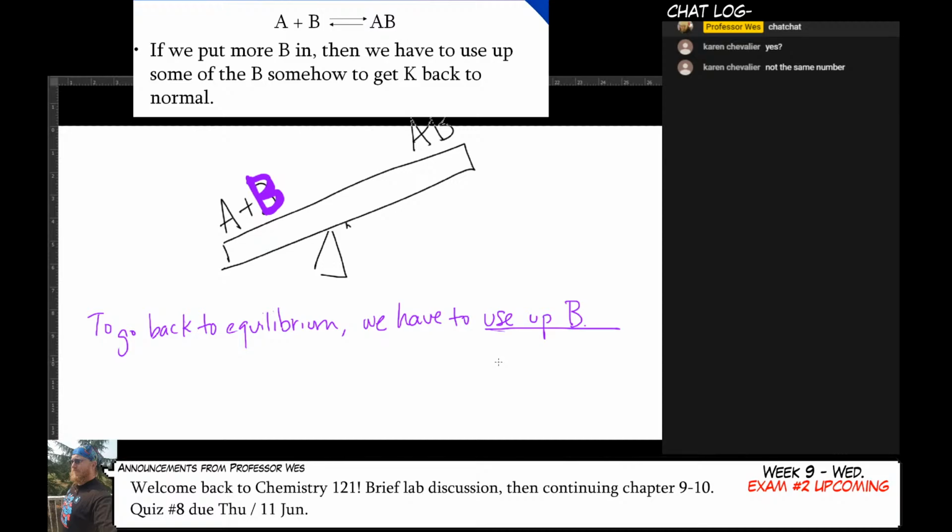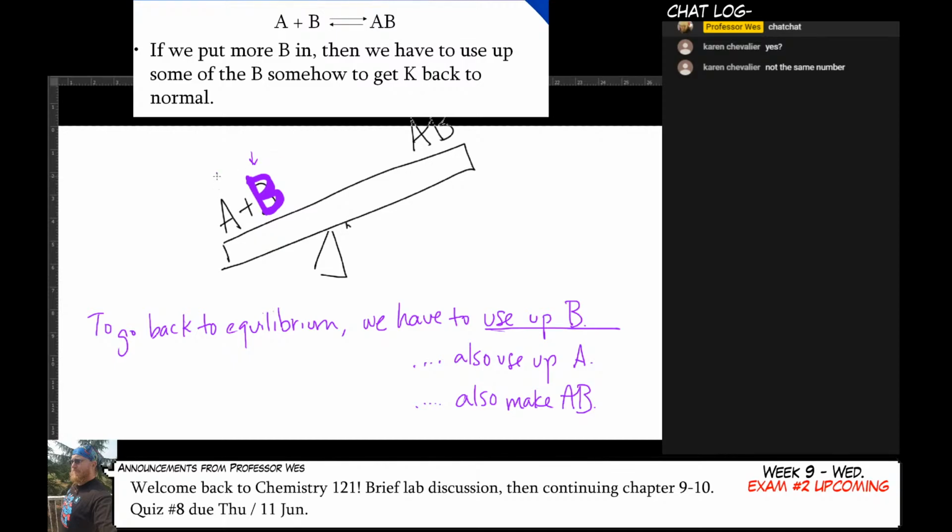But B reacts with A, which means that we have to also use up A. And when A and B react, they make AB. So if I use up B, this number will decrease.